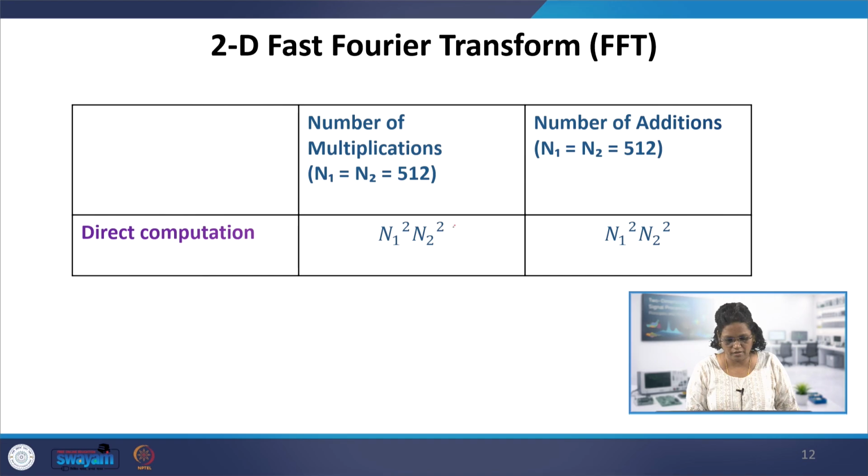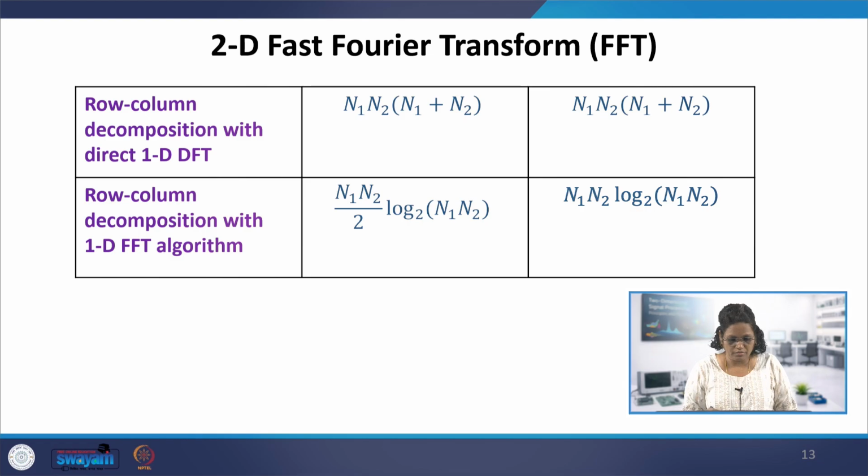In 1D it is n square, actually n square minus n, where the n is neglected. If you extend the same to 2D direct computation using the formula directly, that is n1 n2 square. If we use the row-column decomposition, we got n1 n2 into n1 plus n2, and the additions are also approximately the same, since we have neglected a small number. So that's a complete saving.